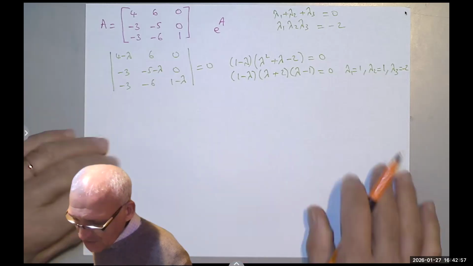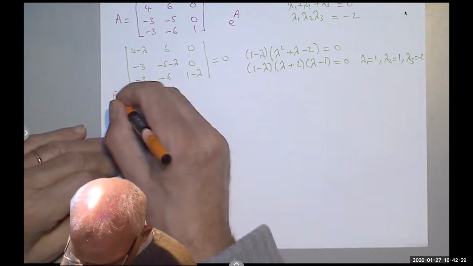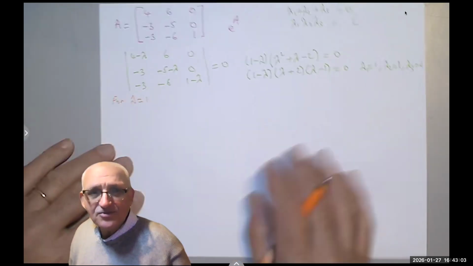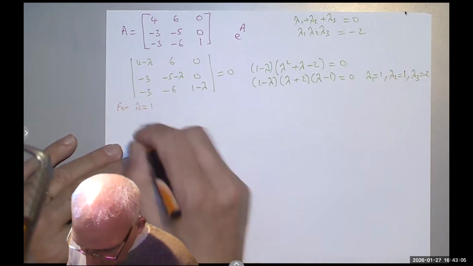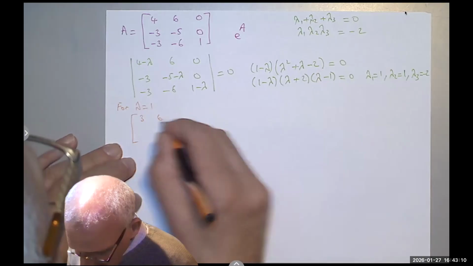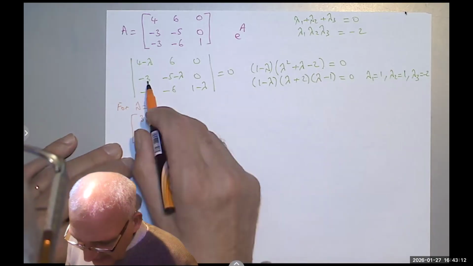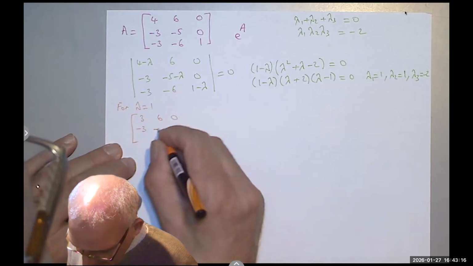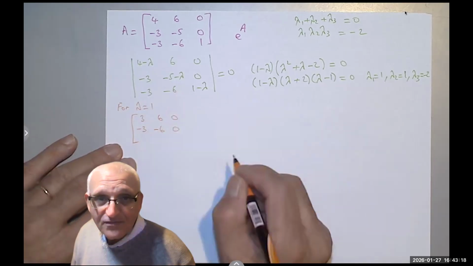Okay, so now let's say for lambda equals 1, that's interesting because if I make lambda equals 1, the first row becomes 3, 6, 0. The second one is -3, and when you subtract 1, you get -6, 0, which is identical to the first.